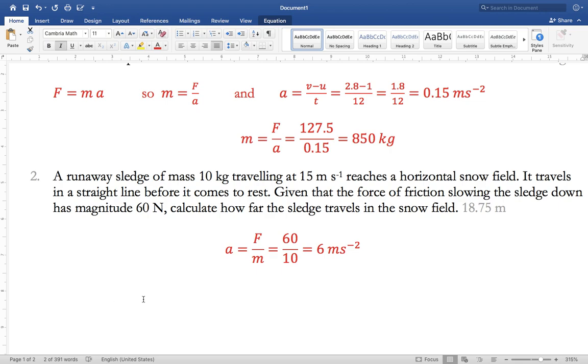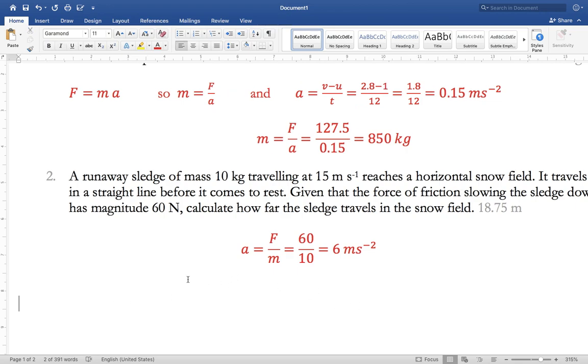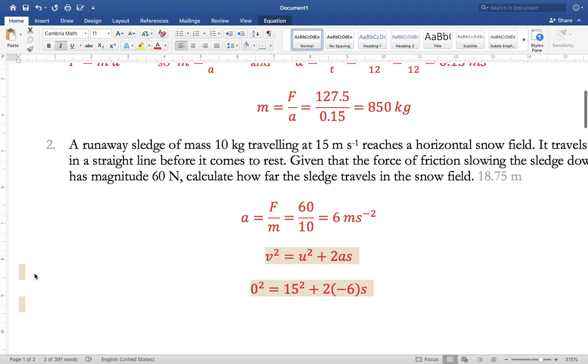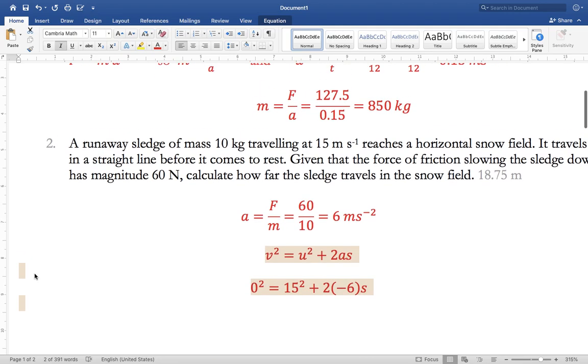With the formula v squared equals u squared plus 2as. This is about linear motion. Here the final velocity is 0 and the initial velocity is 15 squared, plus 2a, where a is the deceleration we got before, 6, but negative because this is deceleration.